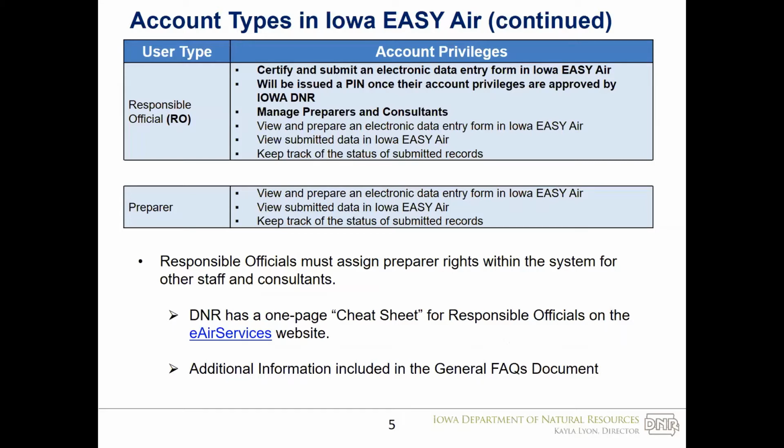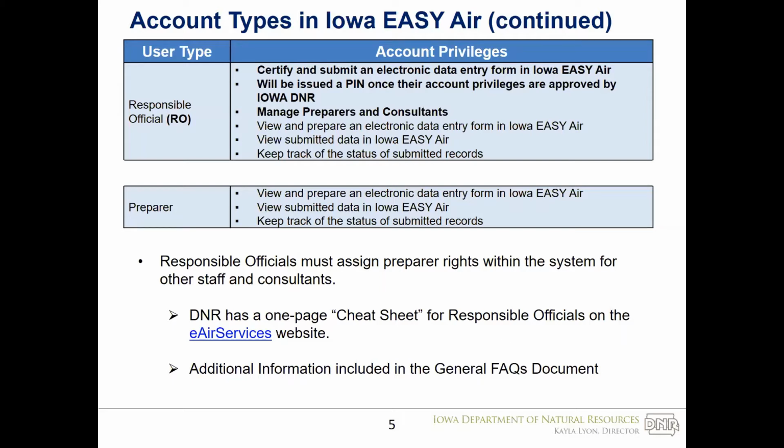Under the section where it says manage preparers and consultants, the responsible officials must assign preparer rights within the system for other staff, employees, and consultants. We have a one-page cheat sheet for responsible officials on the eAir Services website, and we'll take a look at that towards the end of the webinar.